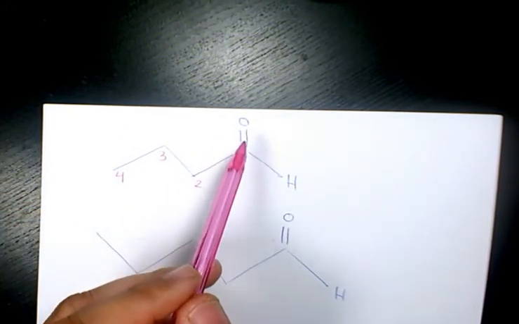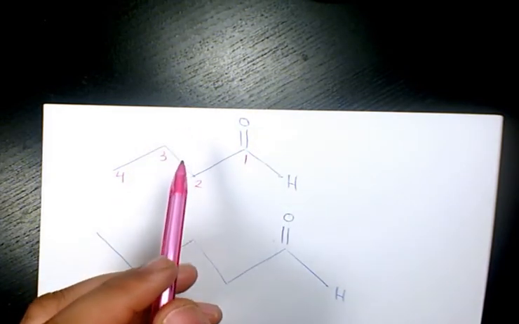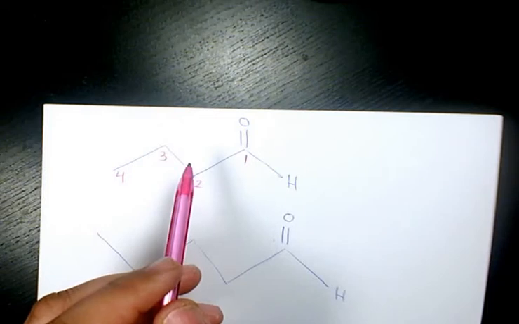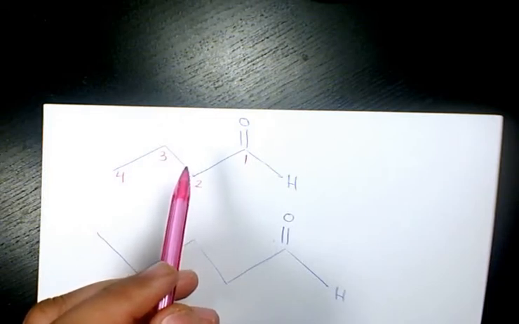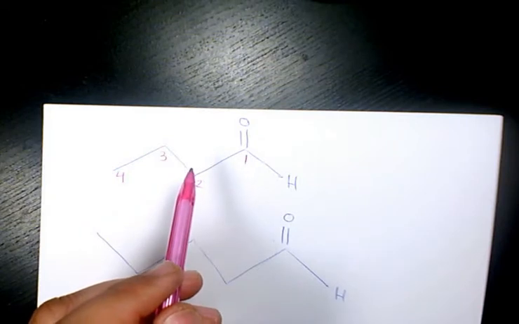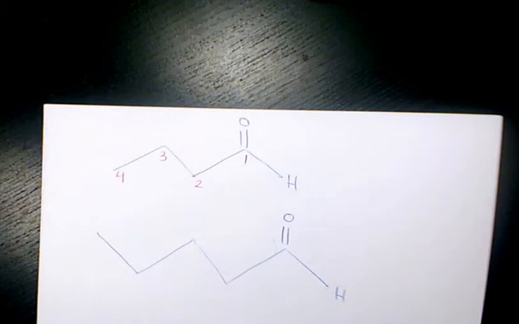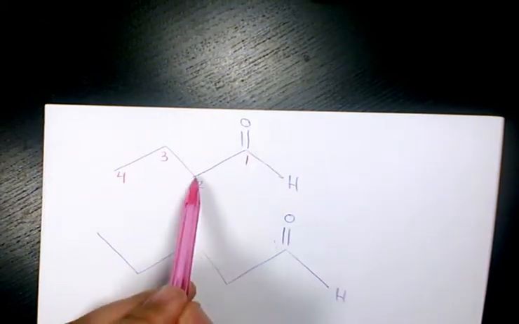The aldehyde group is the highest priority group compared to any other functional group in organic chemistry except carboxylic acid. Carboxylic acid is the highest priority functional group, and after that we have aldehydes. So aldehydes come before ketones, before hydroxy, before double bonds and so on. So we start from this side to name it.